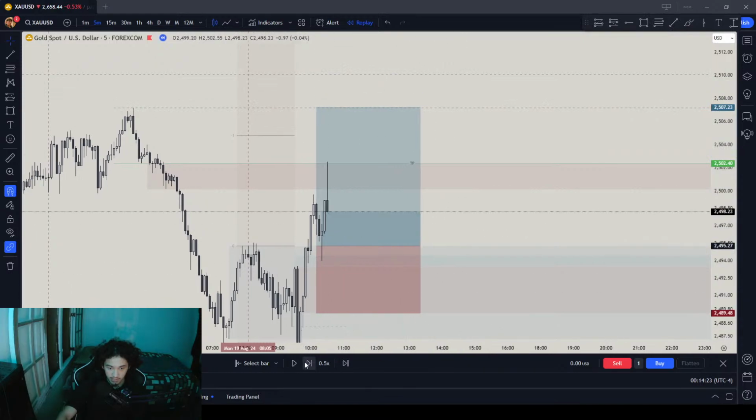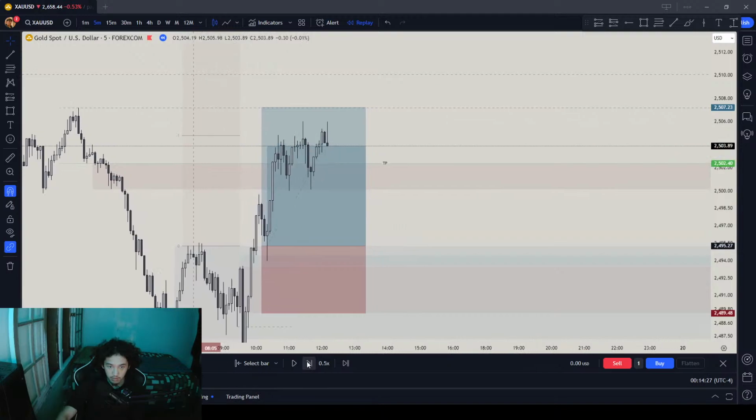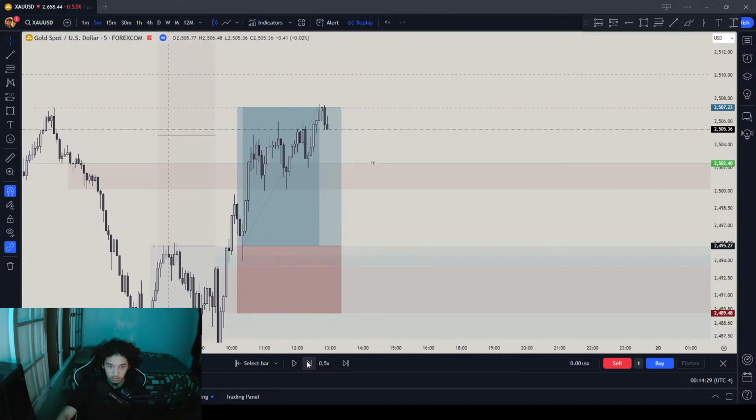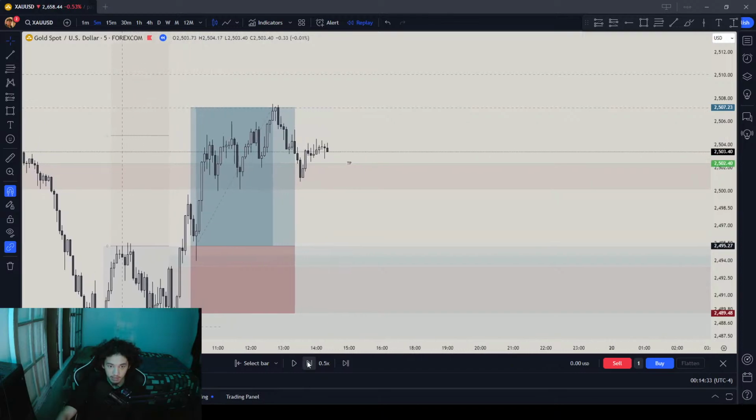So I want to see price react out of that zone area. So eventually go over here, touch this spot. Boom. I want to see price react out of it. It reacted right out of it, which is great.